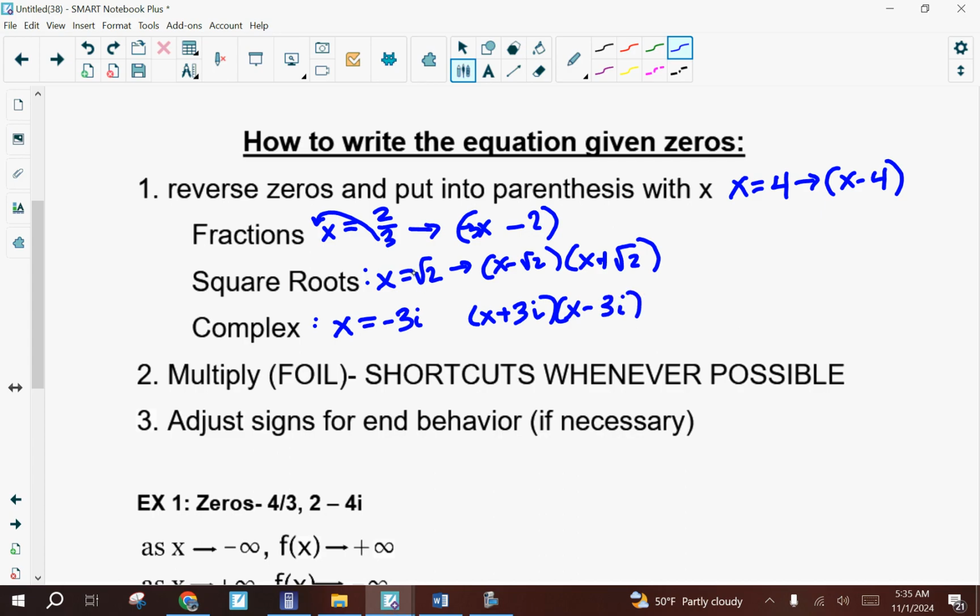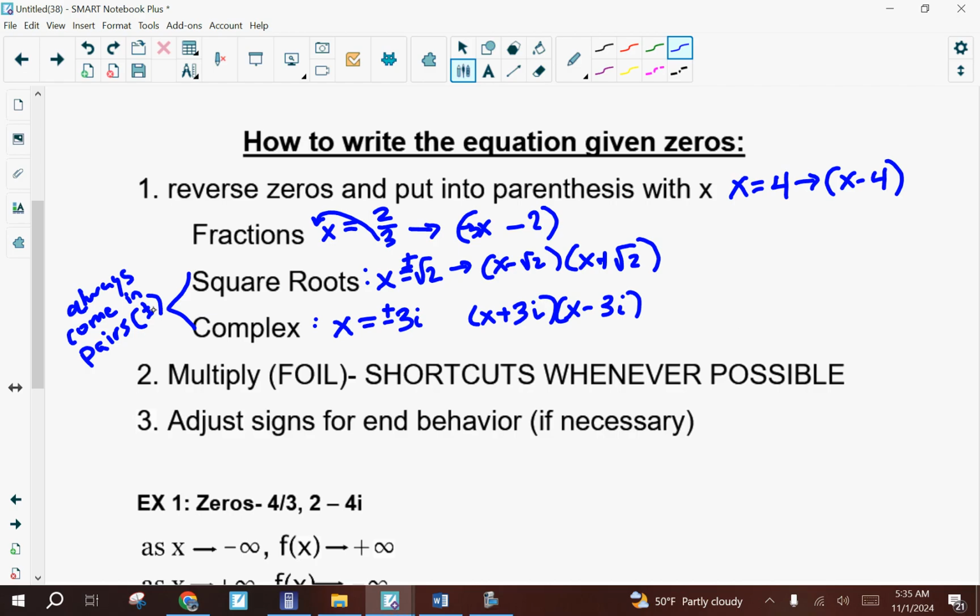So when they give you this answer, these are always plus and minus, and these are always plus and minus. So these right here always come in pairs. So I'll put right here plus or minus. Now, after you get all your parentheses set up, you're going to multiply.